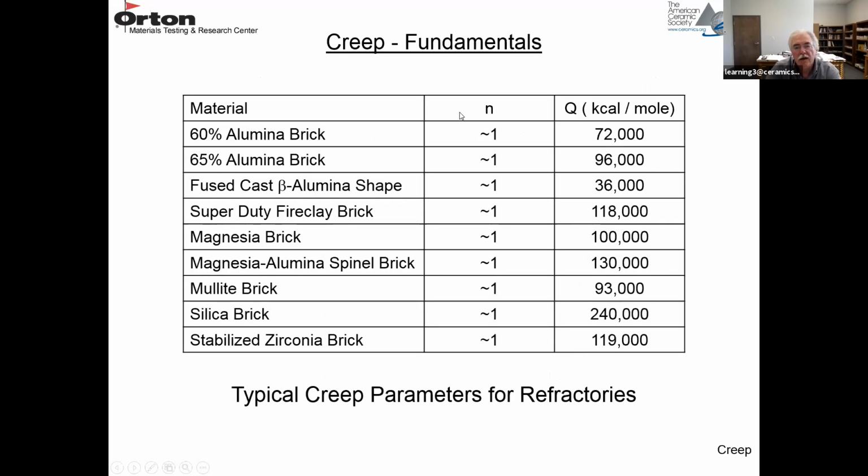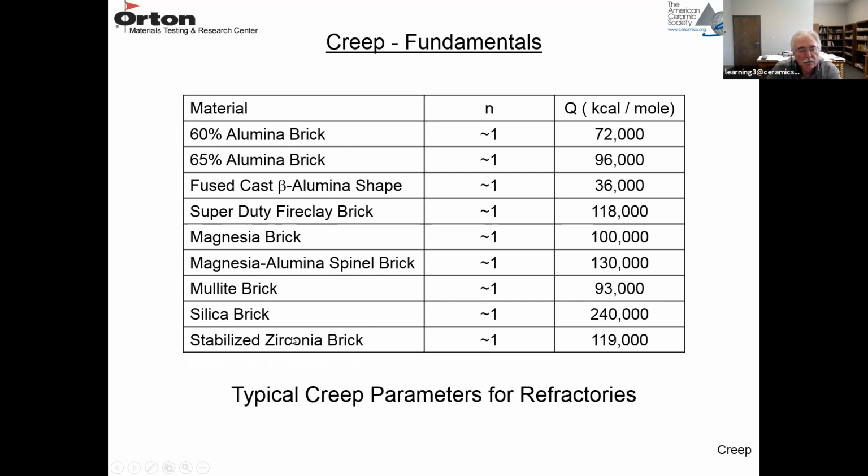So here are some values for n and Q that have been measured for different types of refractories. We have a 60% alumina brick, a 65% alumina brick, fused cast alumina, a Super Duty fire clay, a magnesia brick, a magnesia alumina spinel brick, a mullite brick, a silica brick, and a stabilized zirconia brick.